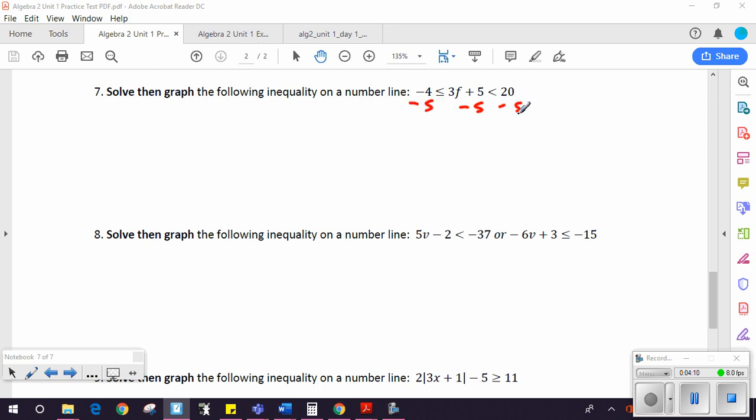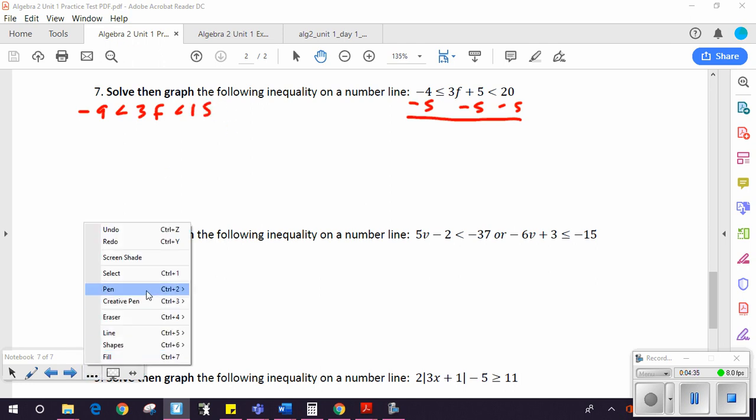Please be mindful of that. You must subtract 5 from everything, not just itself and 20 or itself and 4, everything. And when I subtract 5 from everything, I would have negative 9 is less than 3f, which is less than 15.